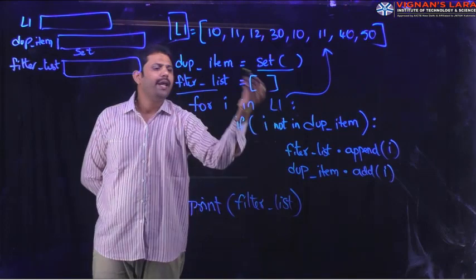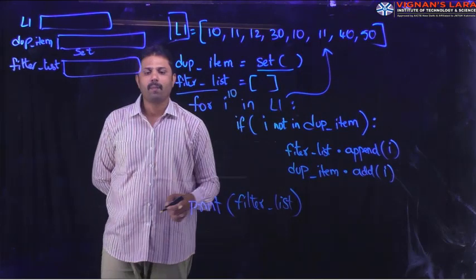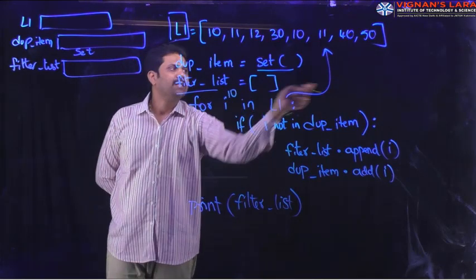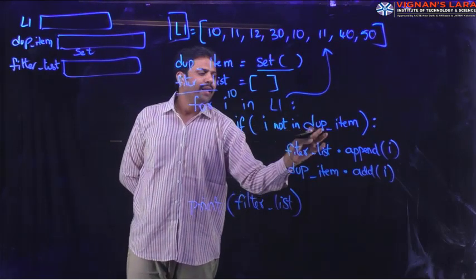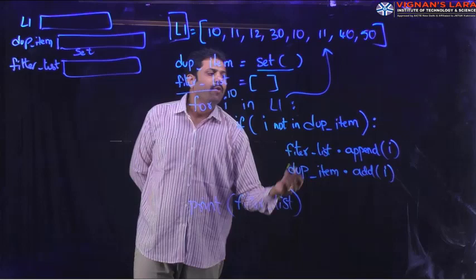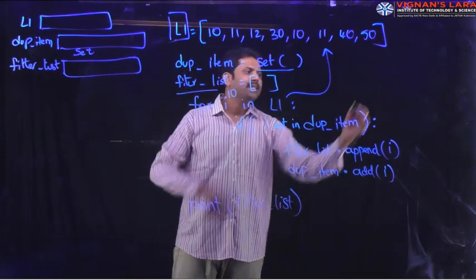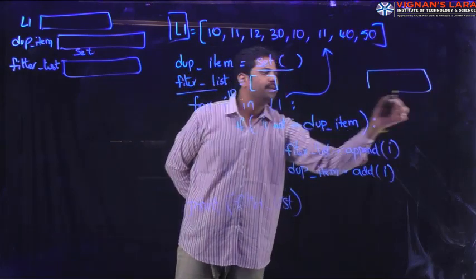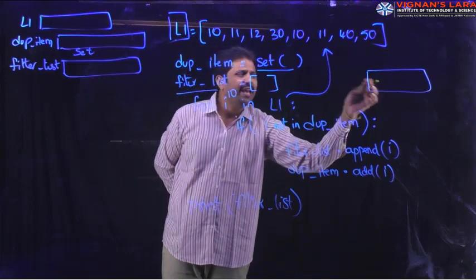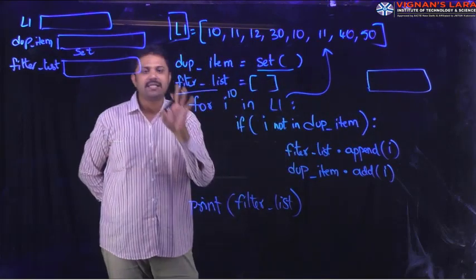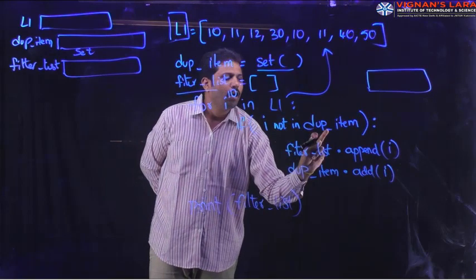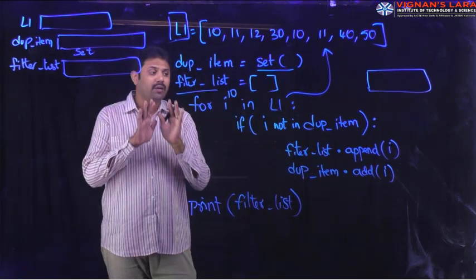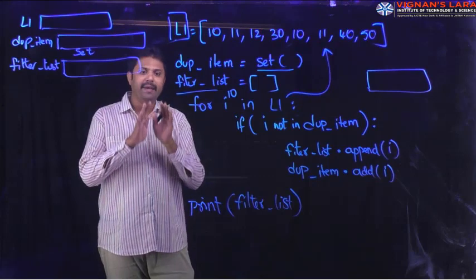First, initially your value is 10. That means L1 passes the value 10. 10 not in duplicate item. What is duplicate item? Duplicate item is nothing but a set. Initially this set is empty.